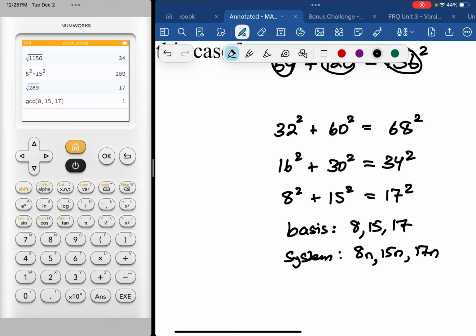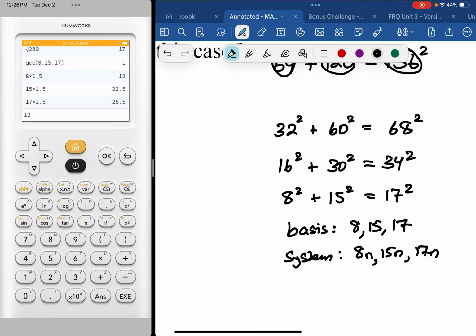Where n would be some sort of value; you're not really limited to whole number values, as long as there's a common multiple. So let's say I let n equal 1.5. So 8 times 1.5, 15 times 1.5, and 17 times 1.5.